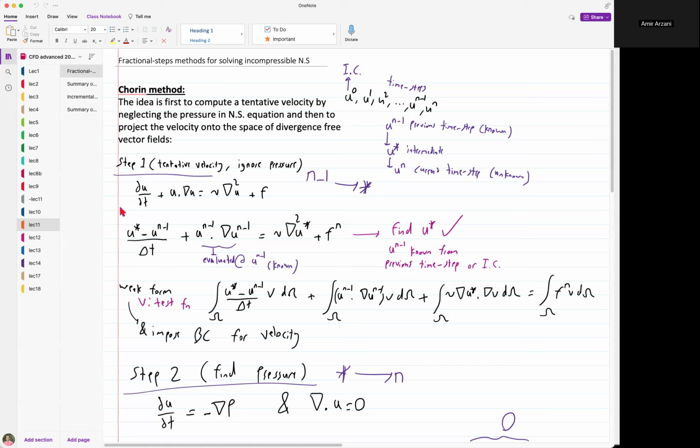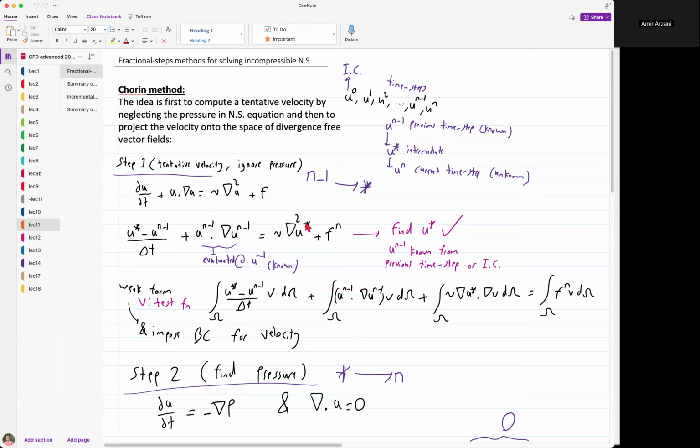Okay, so step one is a tentative velocity. I take my Navier-Stokes equation, the momentum equation, and I ignore pressure. And I'm going from the previous time step, n-1, which I know, to this tentative step star. So if I do my finite difference discretization in time, I have U star minus U^(n-1), and then the advection term, I can evaluate at the previous time step, to make this completely known.